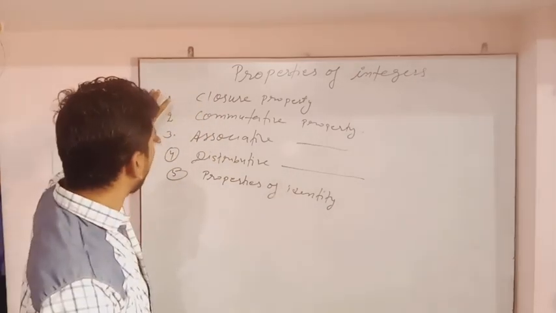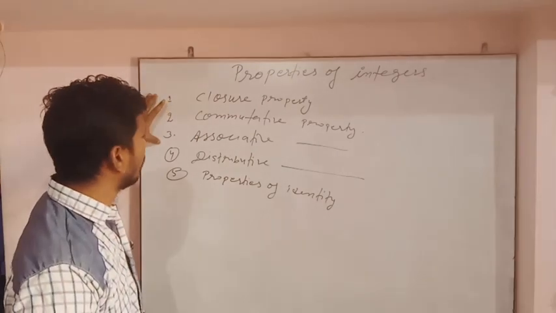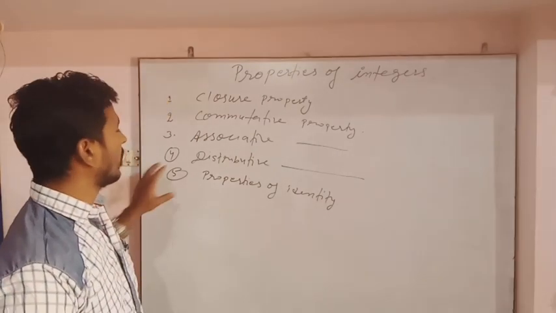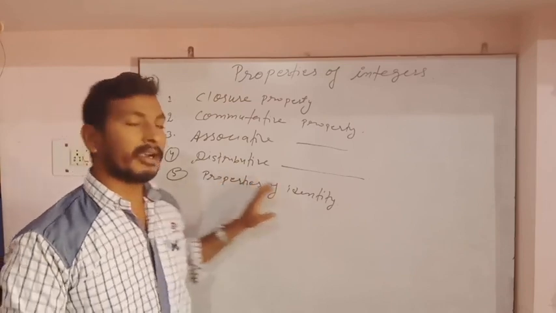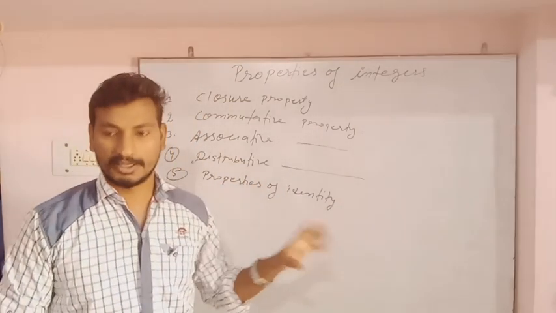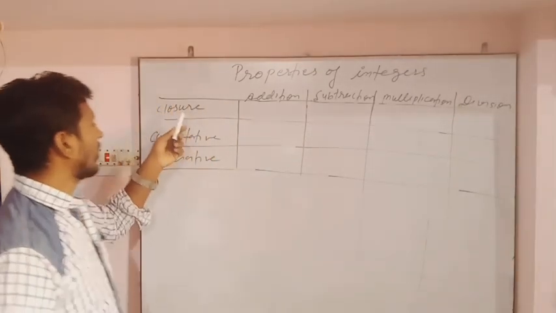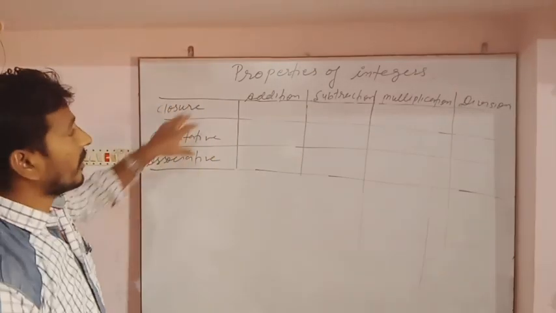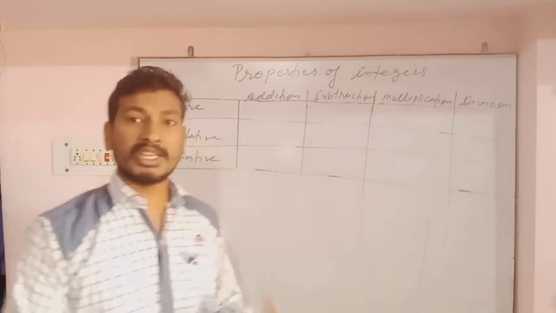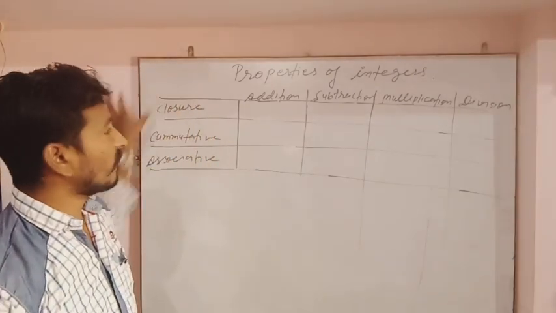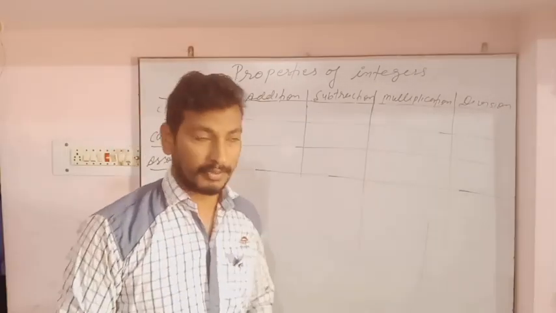First, we try to understand closure, commutative, and associative, and then after that we study distributive and identity property separately. So now, as you can see, we have written 3 properties out of 5, and there are 4 mathematical operations. So we will check whether these properties hold true for these operations or not.